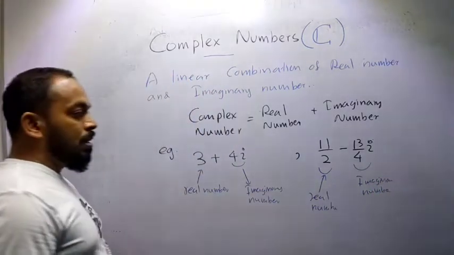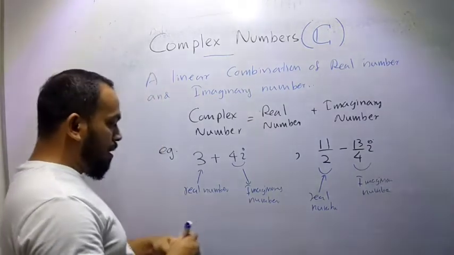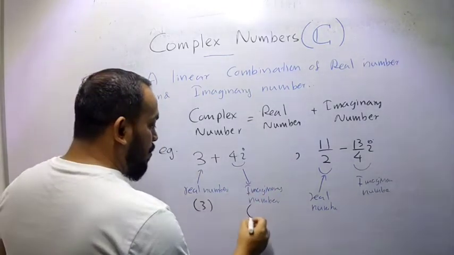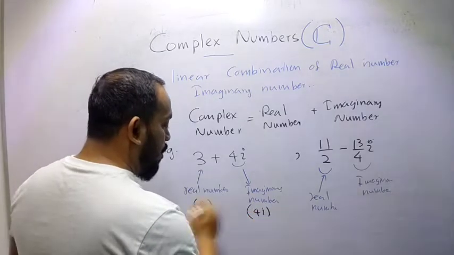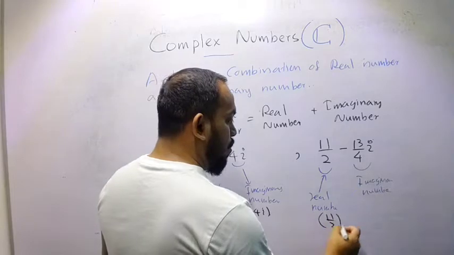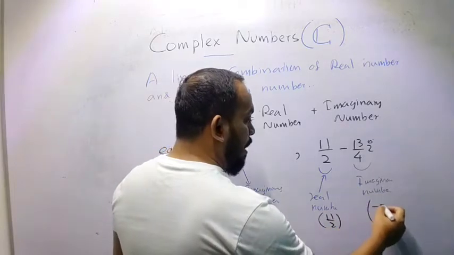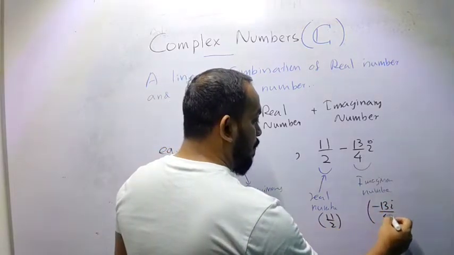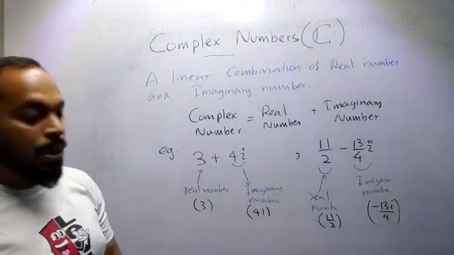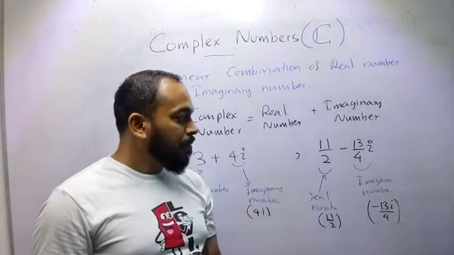So what is the imaginary number here? Let me write down: the real number is 3 and the imaginary number is 4i, a pure imaginary number. Here the real number is 11 by 2 and the imaginary number is negative 13i by 4, because we have addition here, right, as a combination. This is how you combine, add, right?